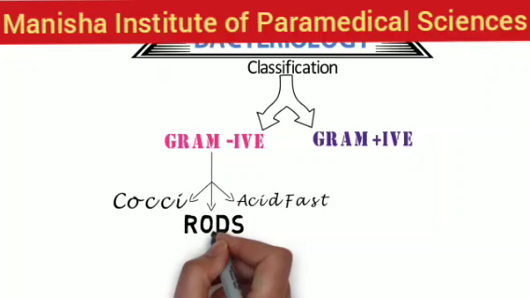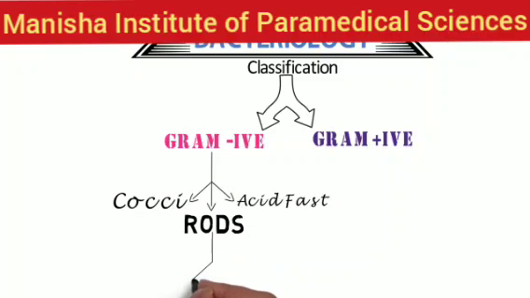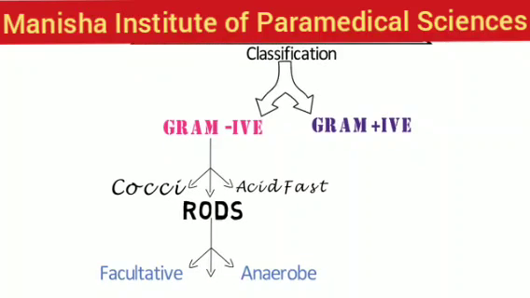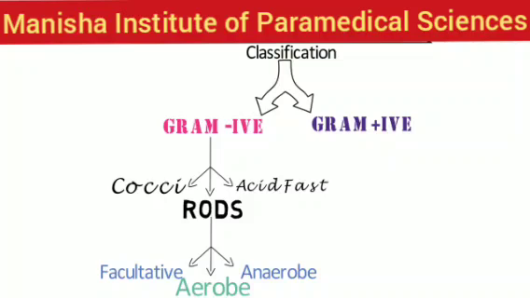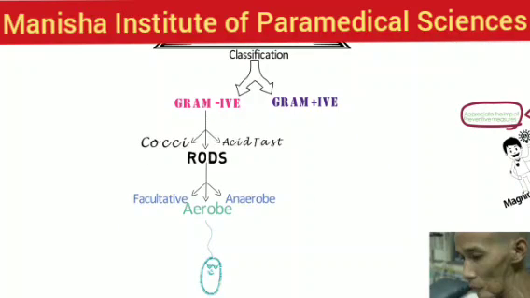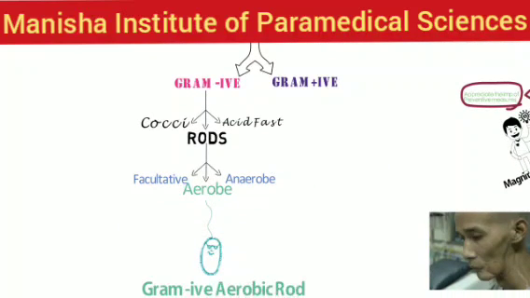And we divide the gram-negative rods into three categories based on oxygen requirement: facultative, anaerobe, and aerobe gram-negative rods. Pseudomonas aeruginosa is an aerobic gram-negative rod.